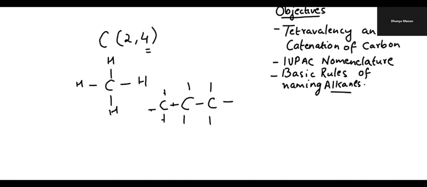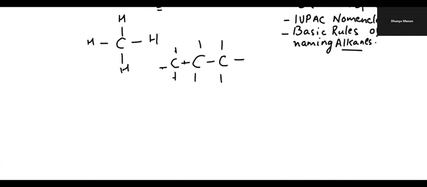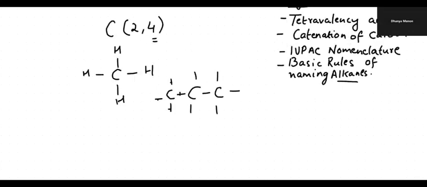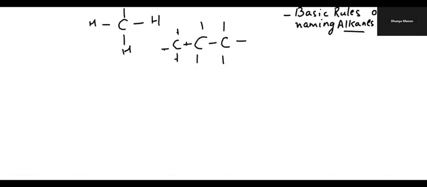It also shows catenation behavior. So this is tetravalency nature: it has to satisfy 4 valencies. Many of you will be knowing this. Now we are discussing one important nature of carbon, catenation. Catenation means the ability to form stable bonds with atoms of the same element.